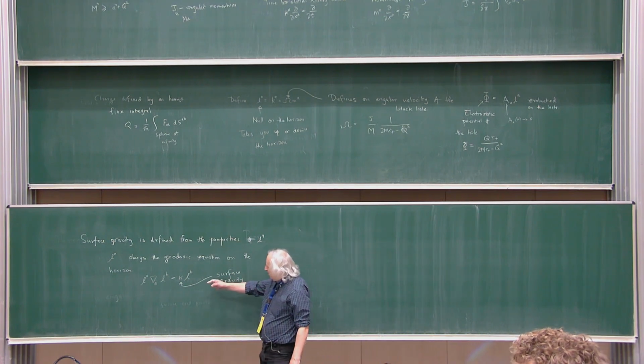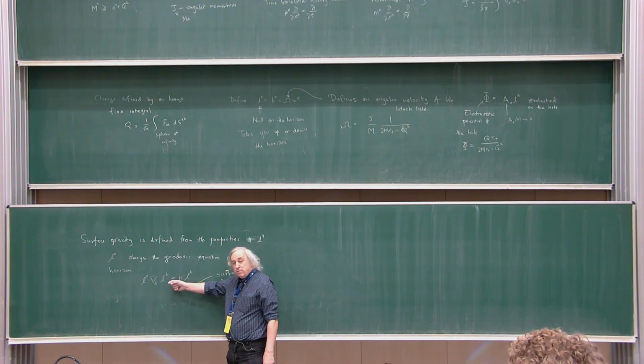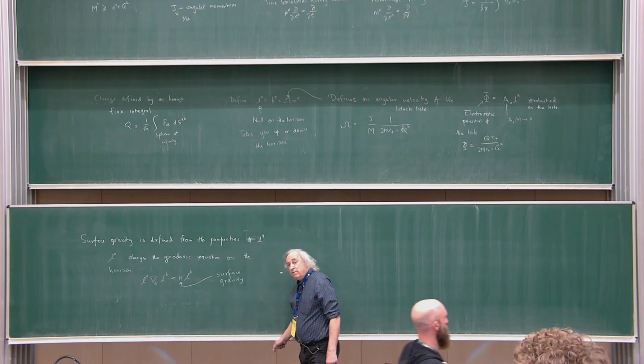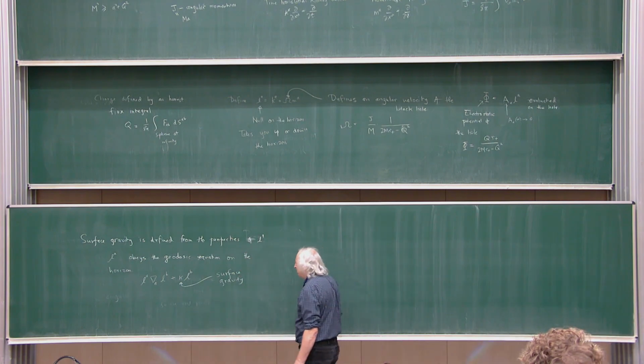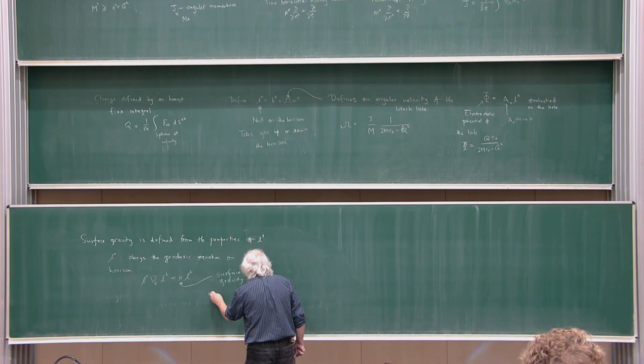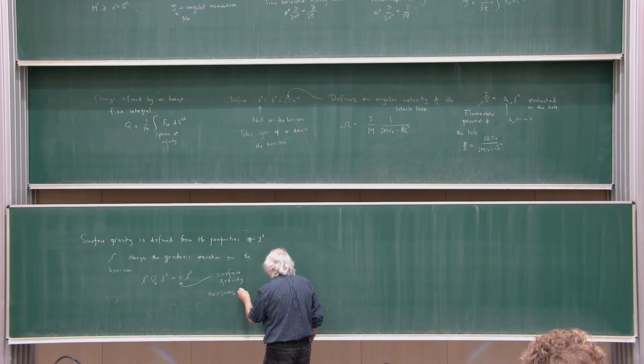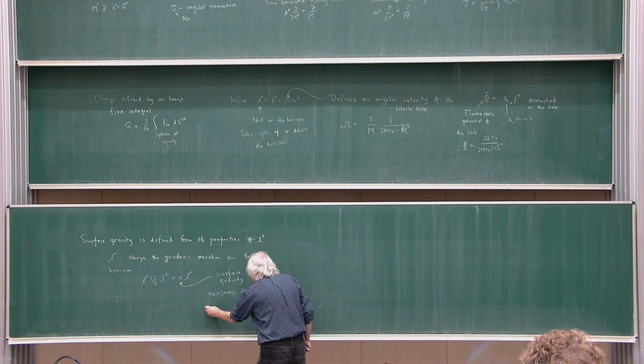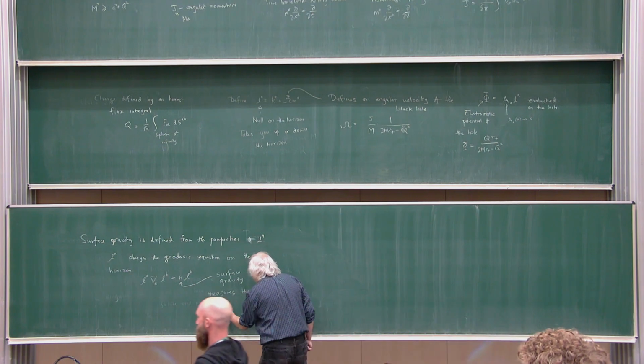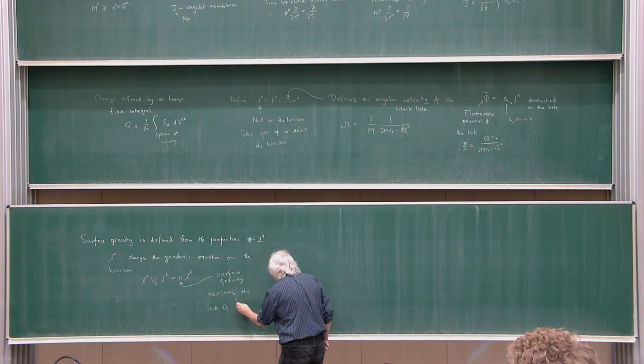It measures the amount by which the parameterization of L differs from being affine. There must be a word for this, I don't know what it is. Affineness.